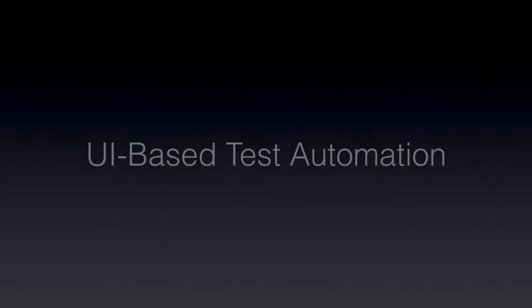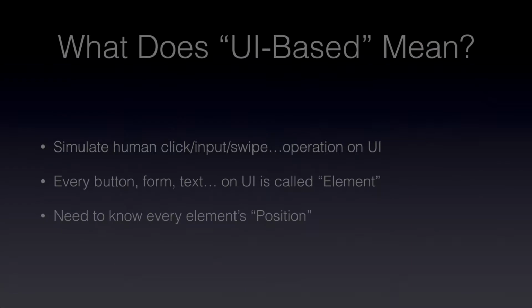Before we start, I want to introduce again that the Robo Framework is a UI-based test automation framework, which means all of the test automation will be operated on the UI element. So what does UI-based mean?